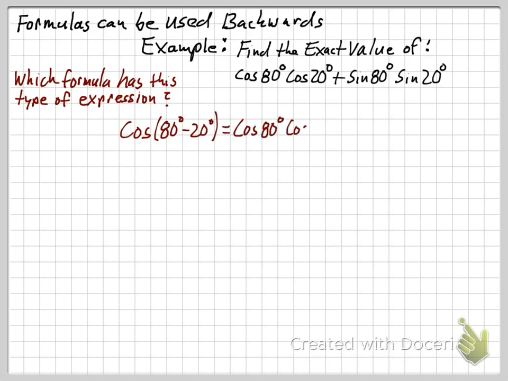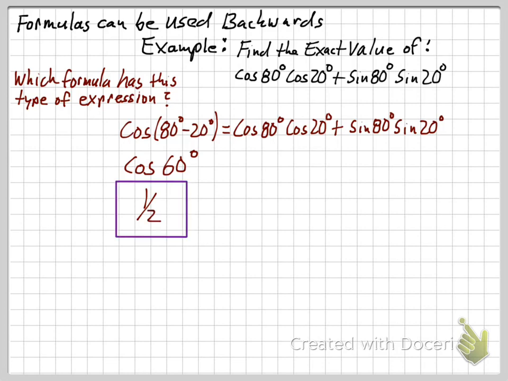So this complicated expression matches the format of my cosine difference formula. All that icky stuff on the right is simply cosine of 80 degrees minus 20 degrees, which is just cosine 60 degrees. Now I can look that up on my unit circle and say, hey, that's 1/2.